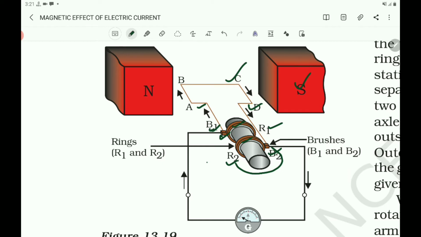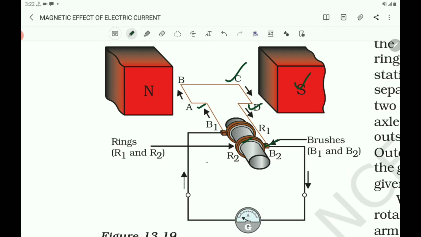B1 is pressed against R1, and B2 is pressed against R2. They are the graphite rods which are called the brushes.